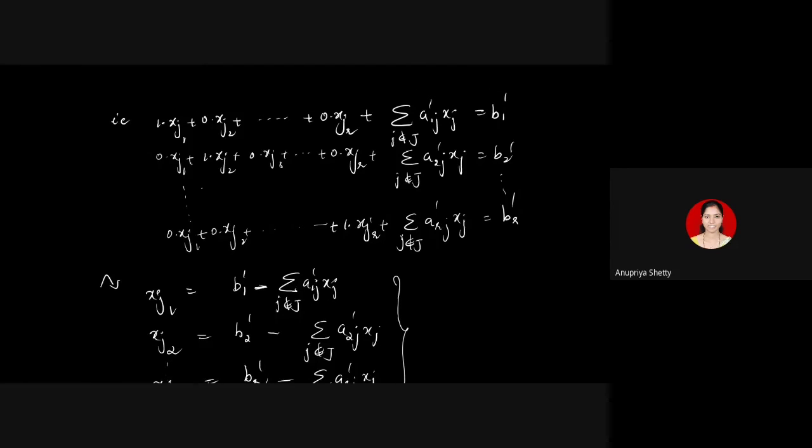That says whenever b dash has no pivot, the system a dash x equal to b dash will always have a solution. And if the system a dash x equal to b dash has a solution, b dash can never have a pivot in it.